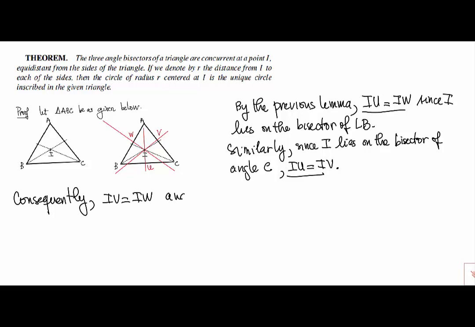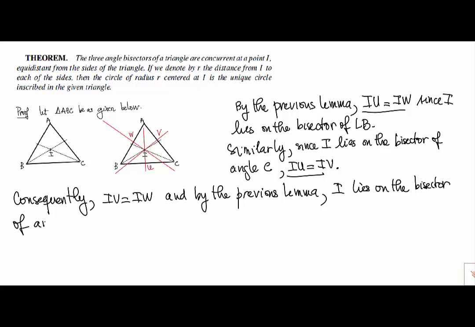And by the previous lemma, you can almost guess what's about to happen here if you are paying attention. By the previous lemma, I lies on the bisector of angle A.